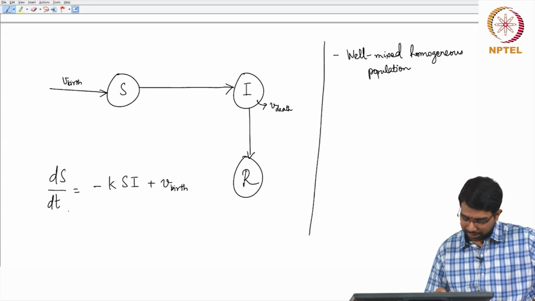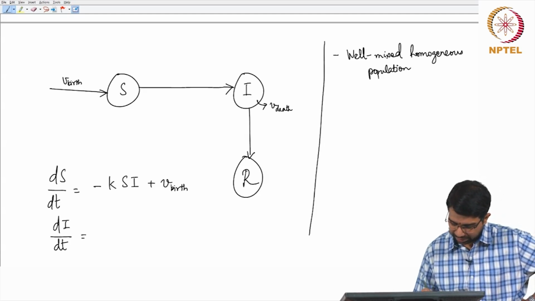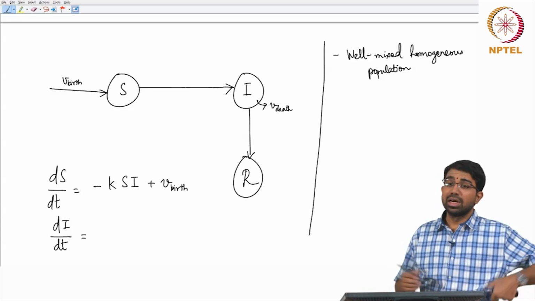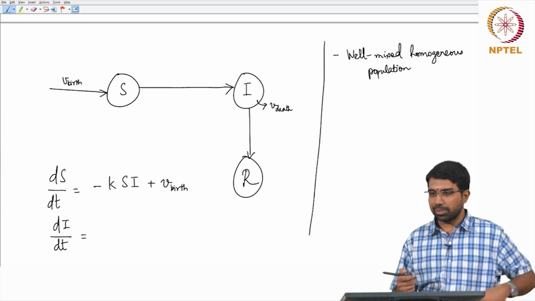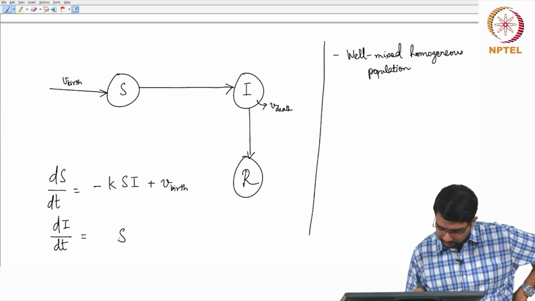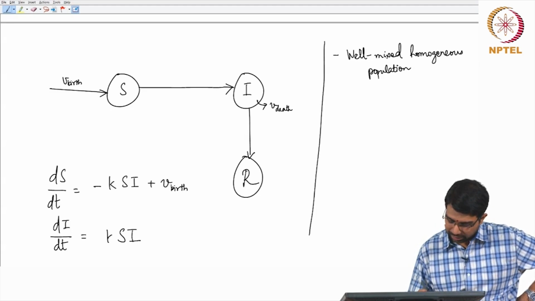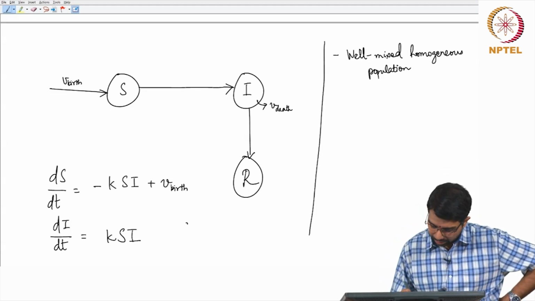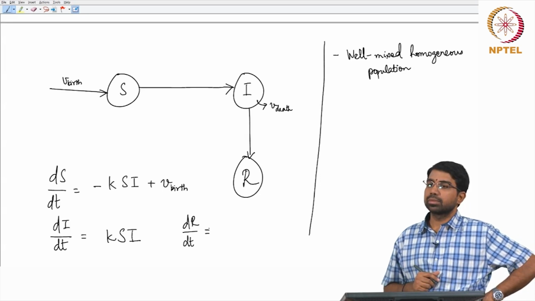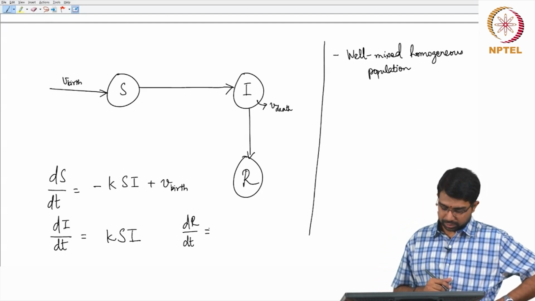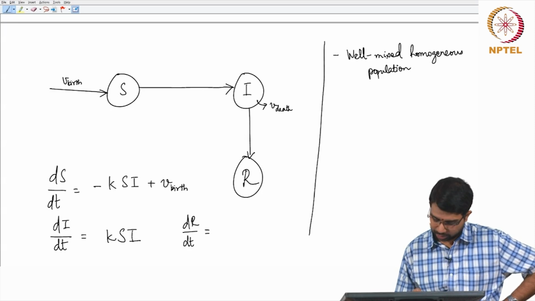So wait for a moment, let us write out what is dI by dt. What is the rate at which people get infected? It will depend upon the interaction between susceptible and infected people, right. So it is going to be proportional to S and proportional to I, connected by some constant, right. And dR by dt, it will have minus V death and so on.